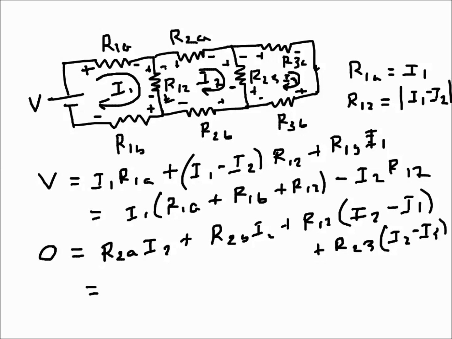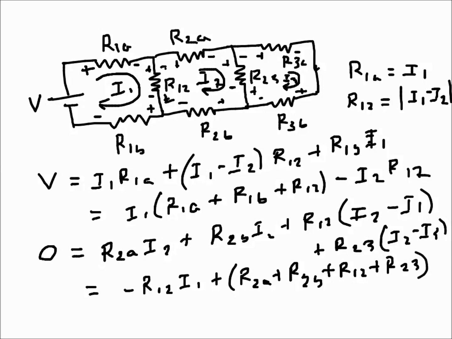So if I rearrange it, it will be something like that: minus R12 I1 plus R2A plus R2B plus R12, the common elements, plus R23 times I2, and then finally minus R23 I3.